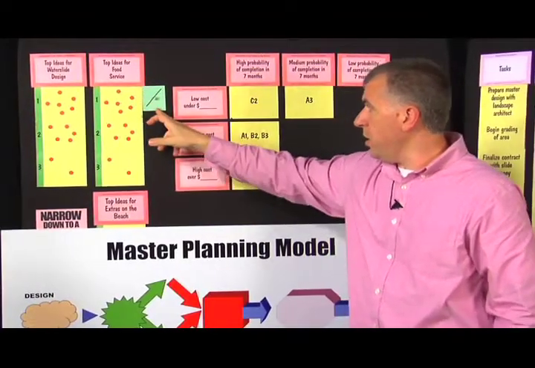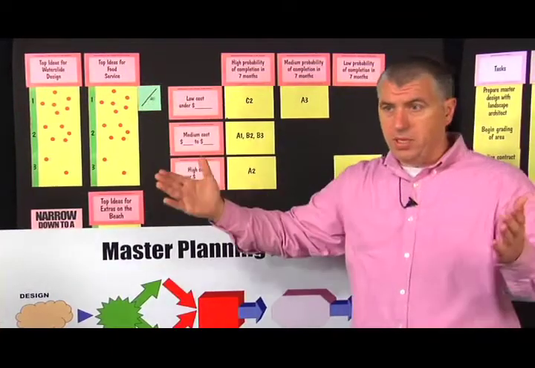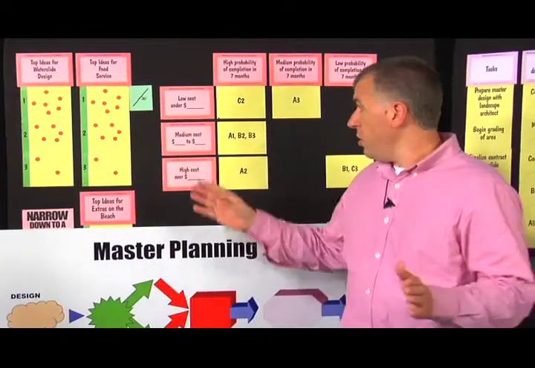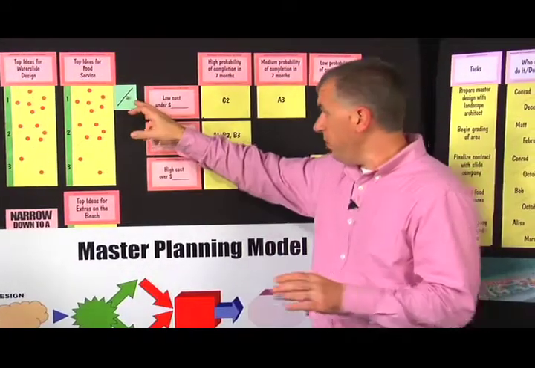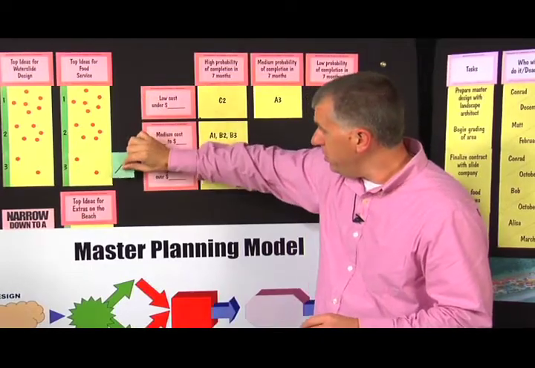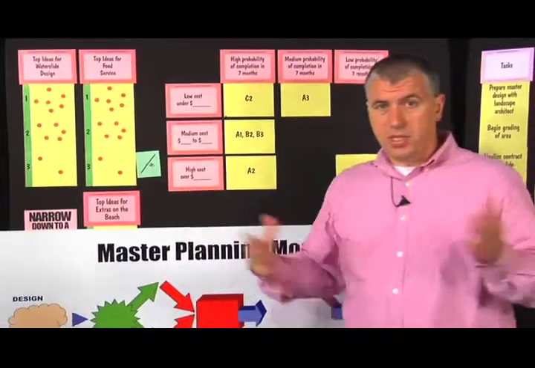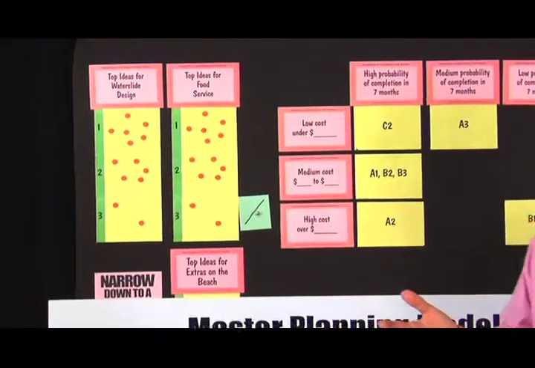Put a name and a deadline. I'm willing to take this one on, and here's the deadline. Say we meet weekly, bi-weekly, monthly, whatever it is, I will have something done. I'm committing to the group that I will have something done by this date. And you just go through and you do a card like this and put it next to each of the top ideas that you've made a decision on.